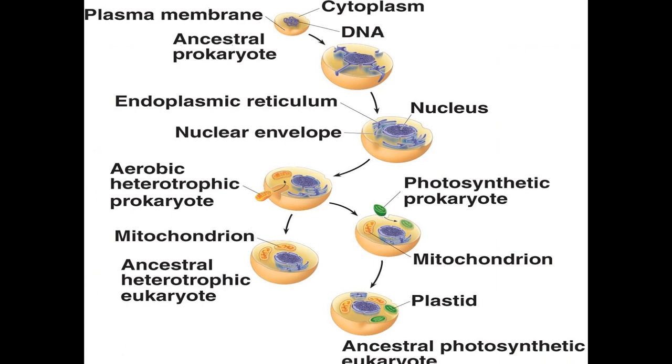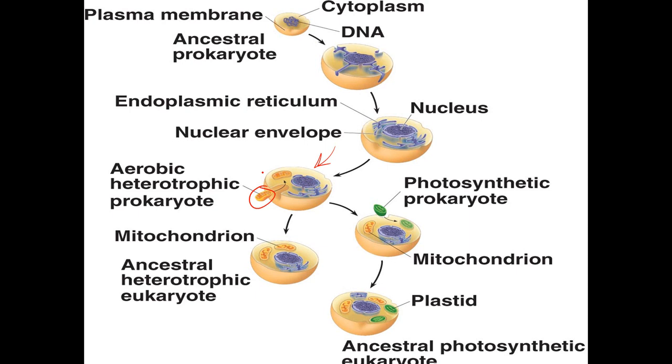Now, other organelles evolved through a process called endosymbiosis. And this would include the mitochondrion and the chloroplast. What they believe happened is that you have this prokaryote, and through the process of phagocytosis, it engulfed an aerobic heterotrophic prokaryotic cell.